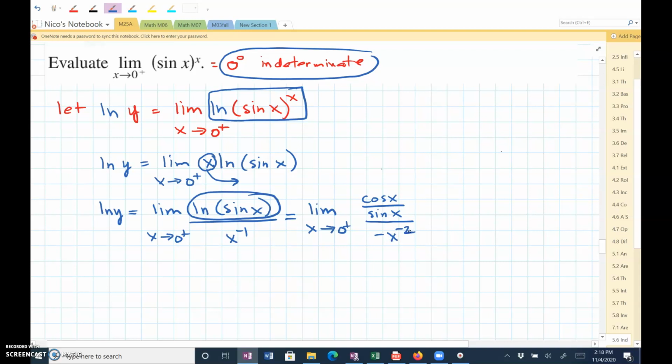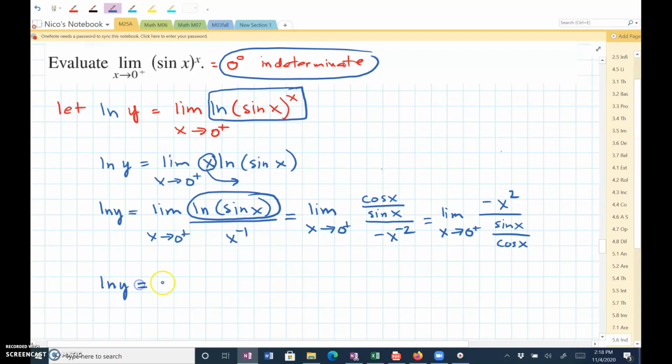And this is the same thing as the limit as x approaches 0 coming from the right. I'm going to move this up here, make this negative x squared, move this down to the denominator, which would make this sine of x over cosine x.